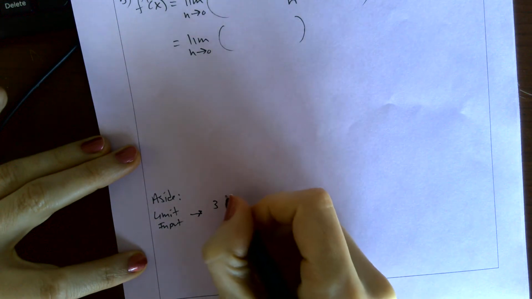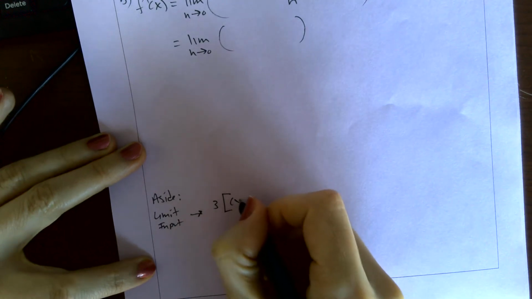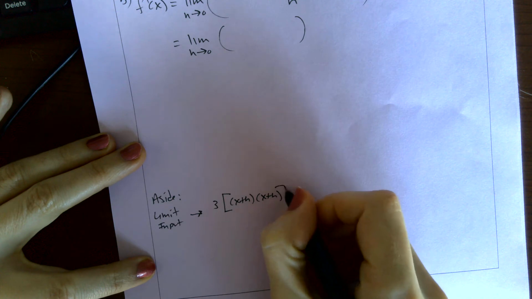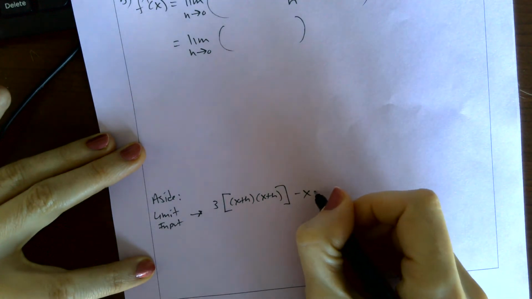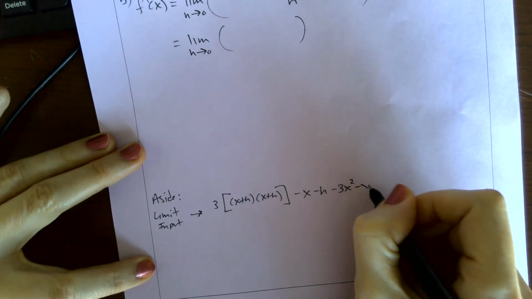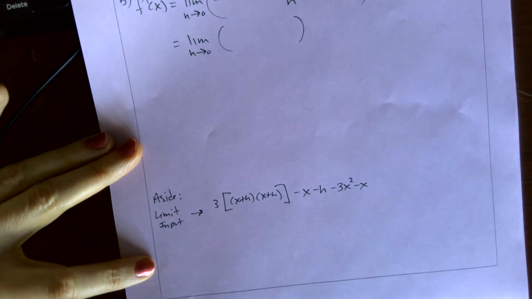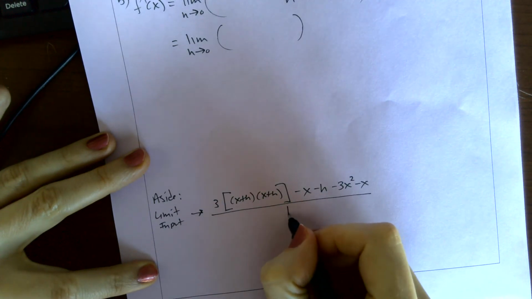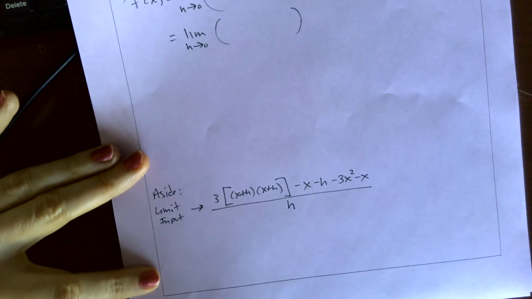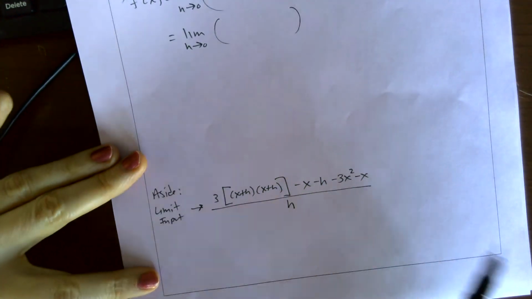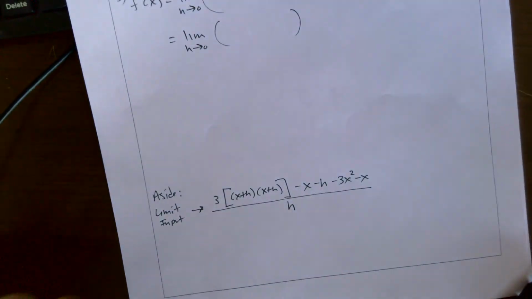The limit input is 3. Now let me do a bracket here because I'm going to expand the x plus h squared. I'm distributing the negative, and then this is all over h. Oh, and you can already see some things canceling.